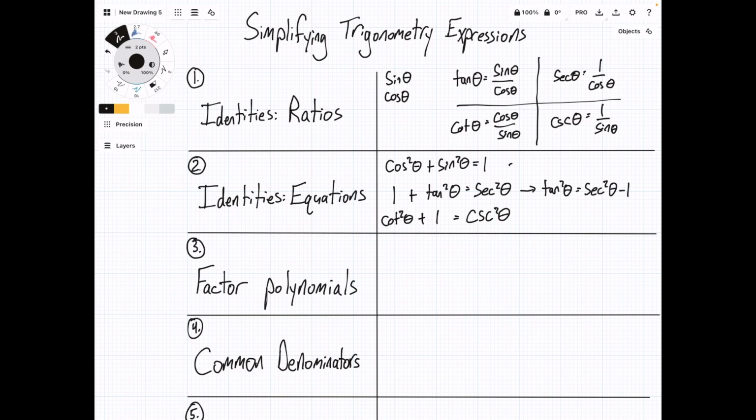Same thing if we wanted sine squared theta: we could get sine squared theta equals 1 minus cosine squared theta. Of course you could do this with the other equation as well, or you could even get an expression for 1. In this case we could have 1 equals cosecant squared theta minus cotangent squared theta. And sometimes plugging this in for 1 can help you figure out some clever way to solve a problem.